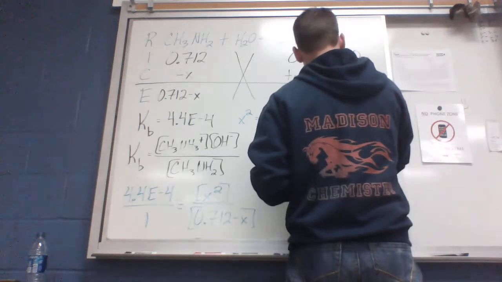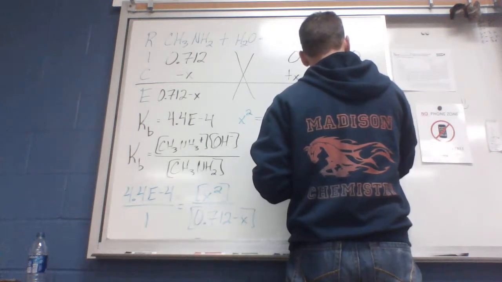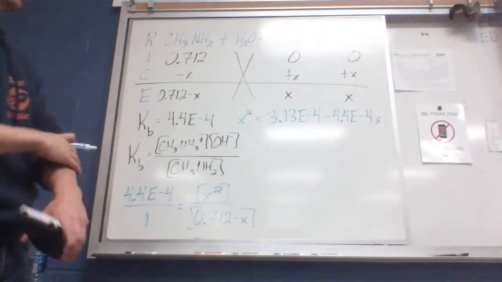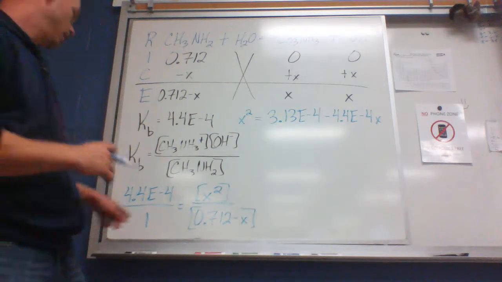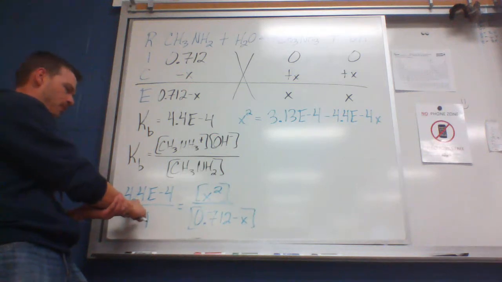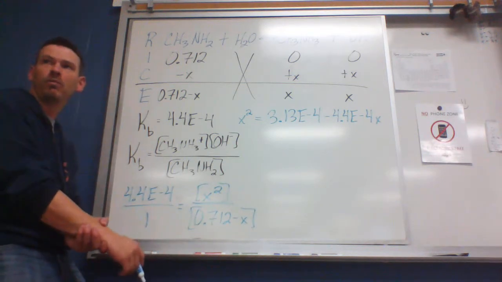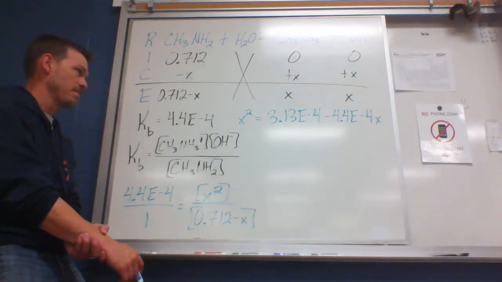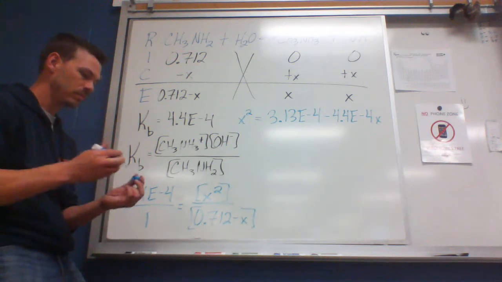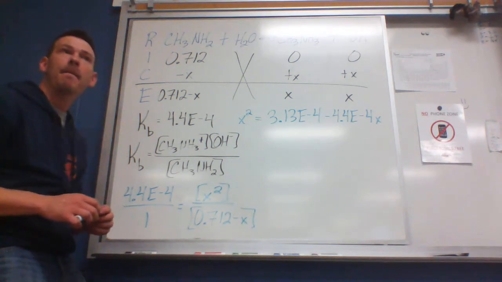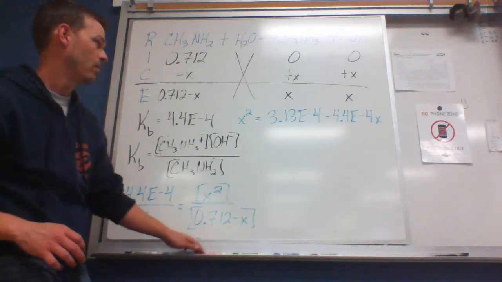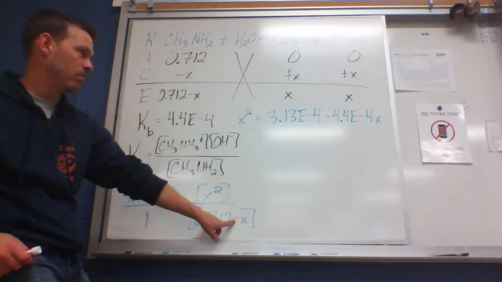Wait, how did you get 3 point? I distributed 4.4 E negative 4 times 0.712. Wait, why is it minus 4.4?